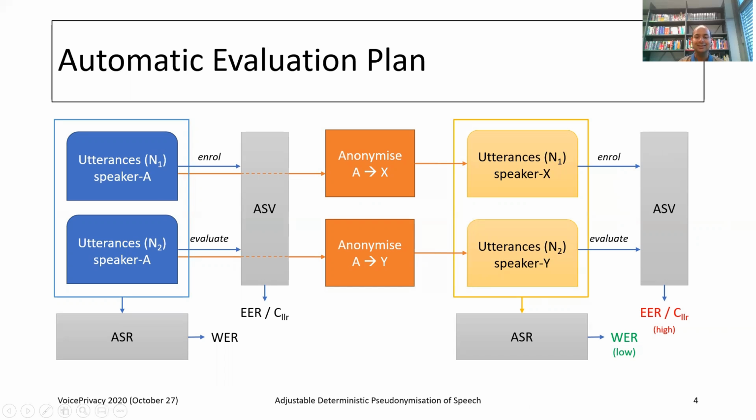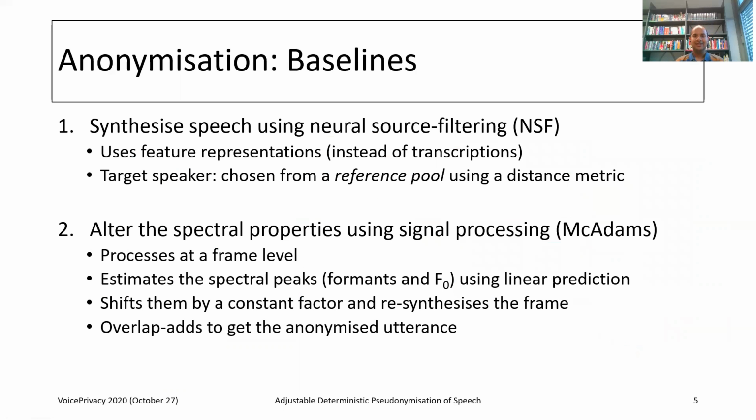Whereas the word error rate of the ASR needs to be as low as possible and as close as possible to the original word error rate. So the challenge provided two baselines.